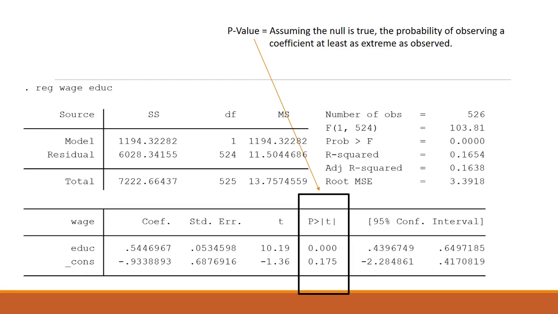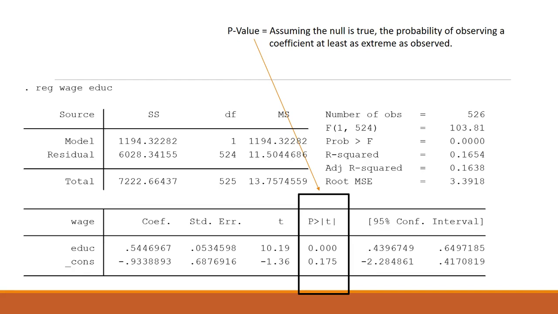Now, if we look at this p-value for beta 1, we find that it is 0.000. That means that our p-value is smaller than any of our thresholds. It's smaller than 0.1, it's smaller than 0.05, and it's smaller than 0.01. That means that we can reject our null hypothesis and conclude that beta 1 hat is statistically significant.